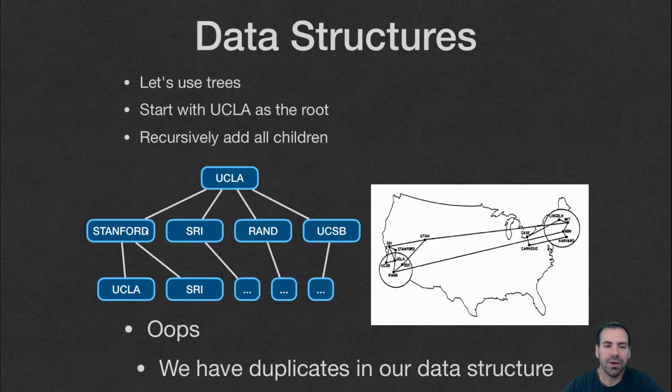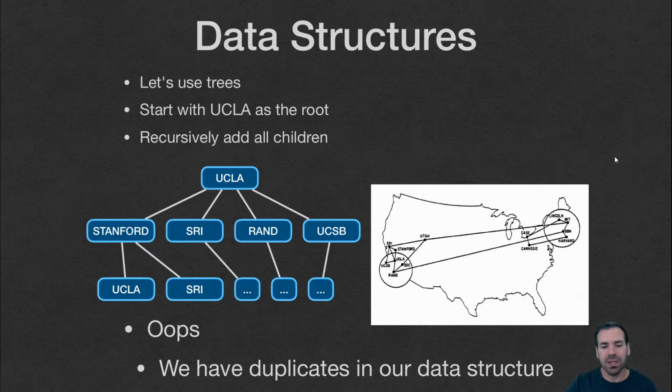It's not the parent node. So now we have a situation where Stanford would have to know about all of the other nodes in the tree and then not duplicate any of those nodes throughout the entire tree. Which, to be fair, is what we're actually going to end up doing. But we have to be careful if we're building this as a tree to not have those duplicate nodes.